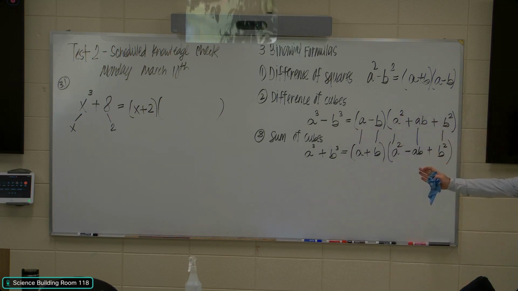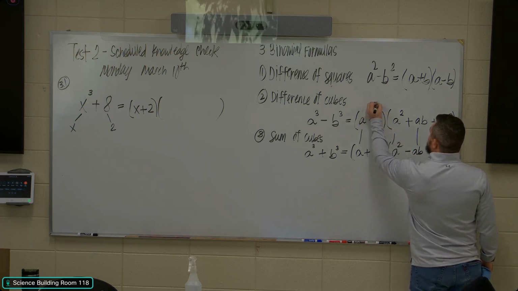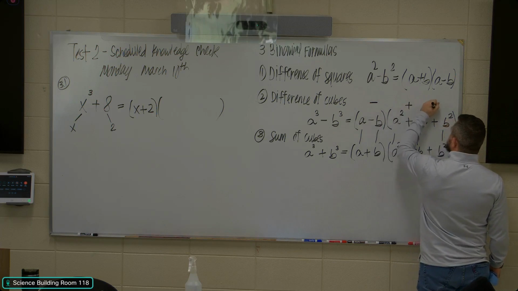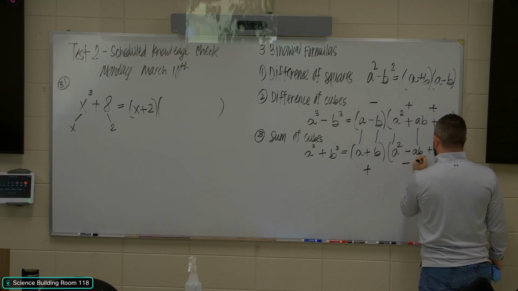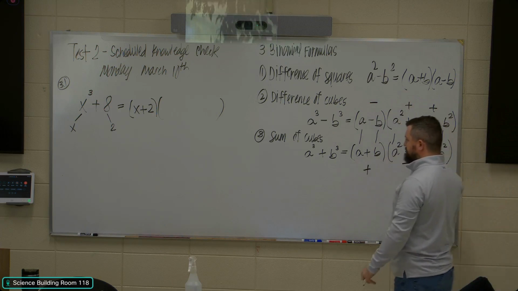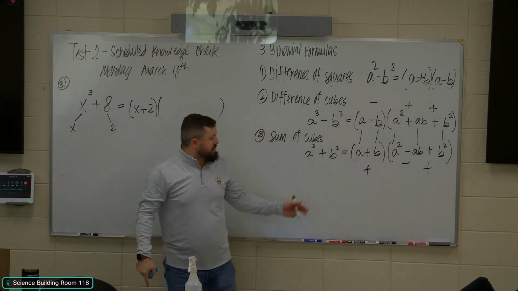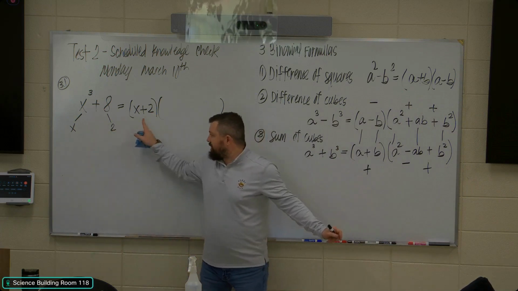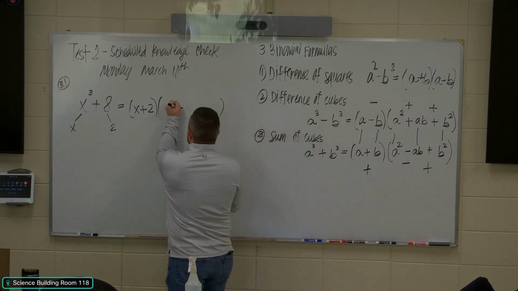But notice your A, your B, your A squared, your AB, your B squared all goes in that same order. For the difference of cubes, the signs go minus plus plus. For the sum of cubes, the signs are plus, minus, plus. So since this is a sum of cubes, I can go ahead and tell you my signs are plus and then minus plus.